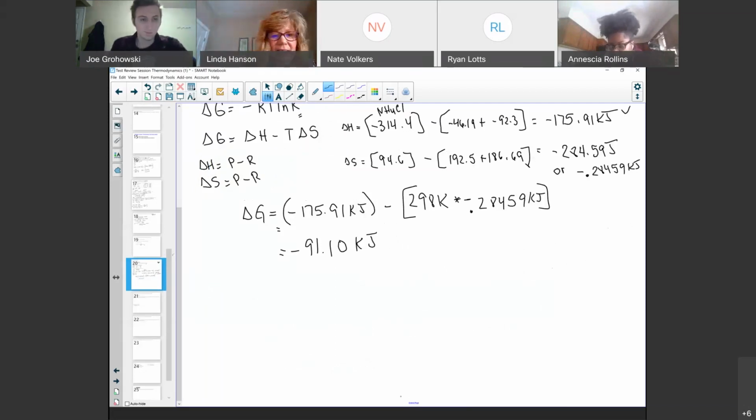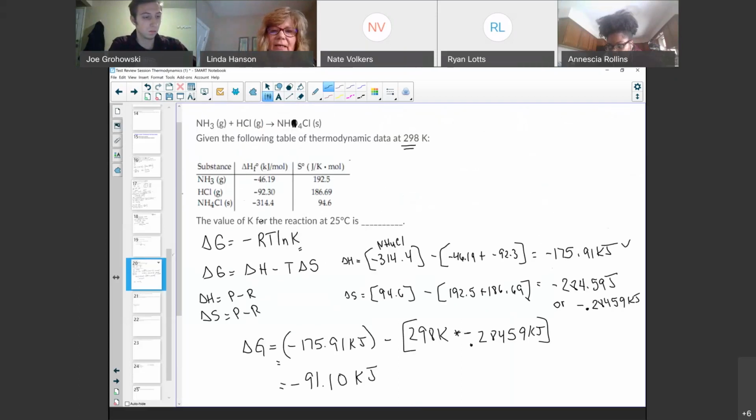Thank you. Now we're back to saying delta G is negative RT ln K. So remember, this was our ultimate question, solving for that equilibrium constant. We just found delta G. And just to scroll back up again, notice, this question didn't give us the R. Sometimes it's provided, sometimes it's not.